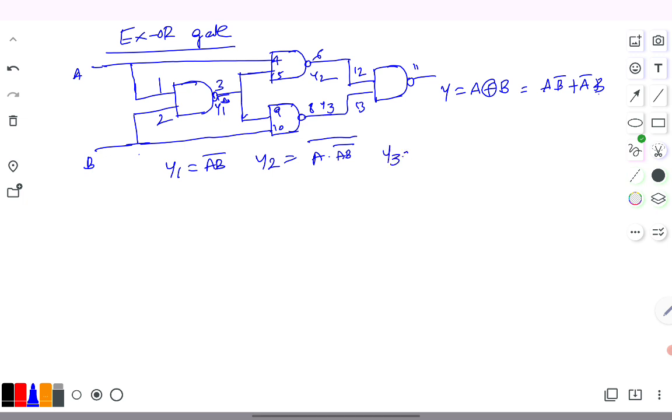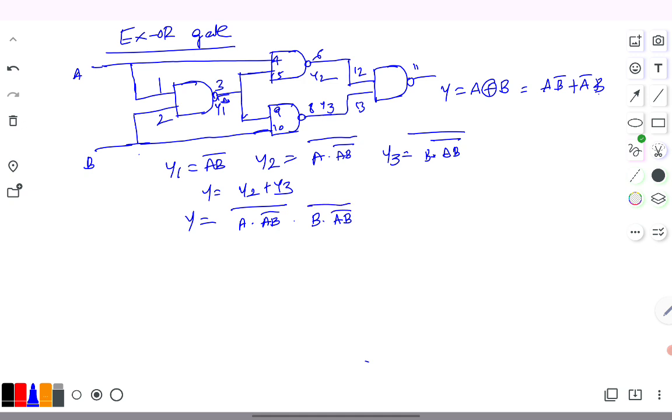Next y3 is equal to B dot A B bar, double bar. Now we need to get Y is equal to y2 plus y3. Y is equal to A dot A B bar double bar, plus B dot A B bar double bar.